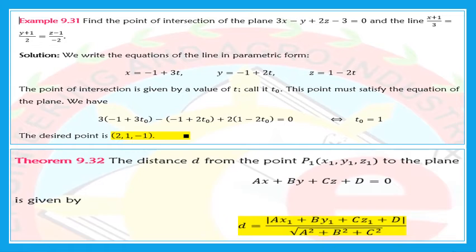In example 9.33, find the point of intersection of the plane 3x minus y plus 2z minus 3 equals 0, and the line (x plus 1) over 3 equals (y plus 1) over 2 equals (z minus 1) over negative 2. Before we find the point of intersection of the plane and the line, we need to write first the equation of the line in parametric form.